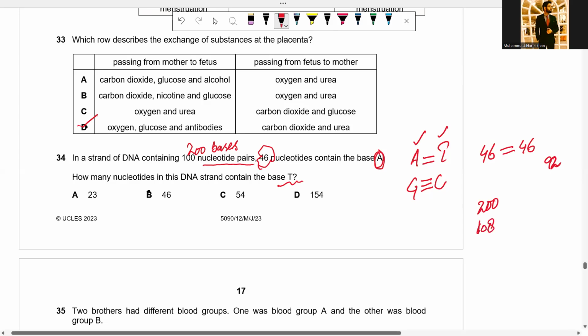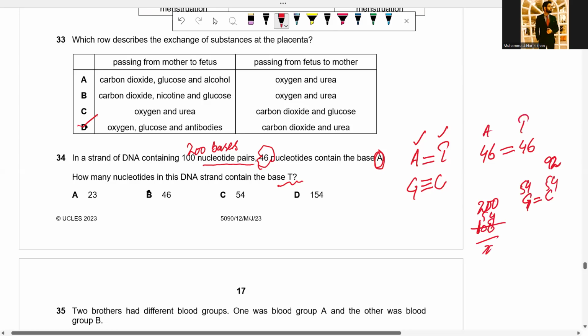108 nitrogenous bases. Out of 200, these 108 will be guanine and cytosine. So 54 will be guanine and 54 will be cytosine.